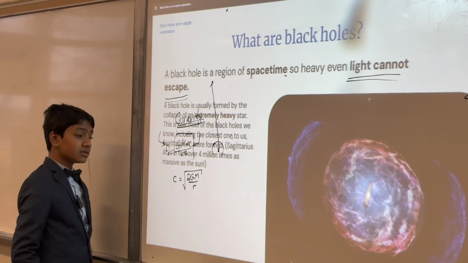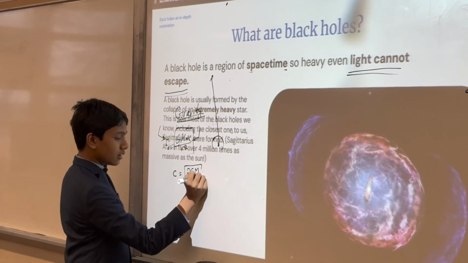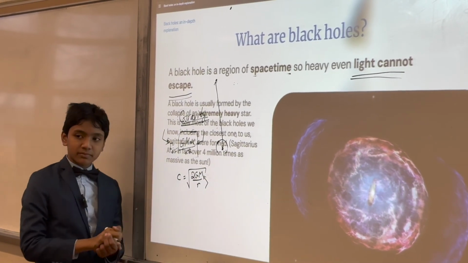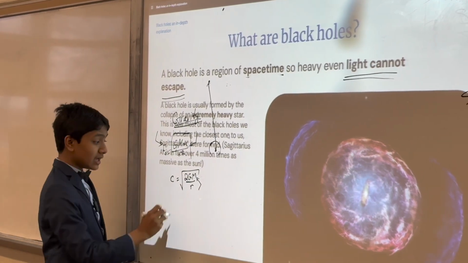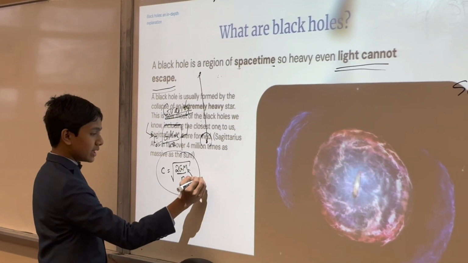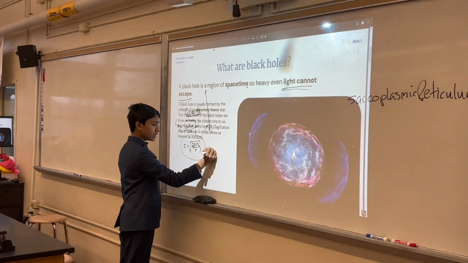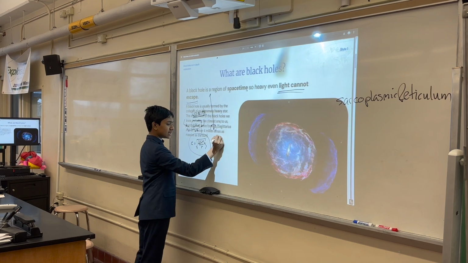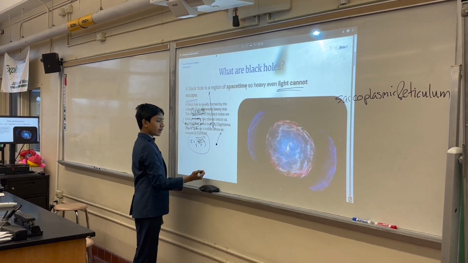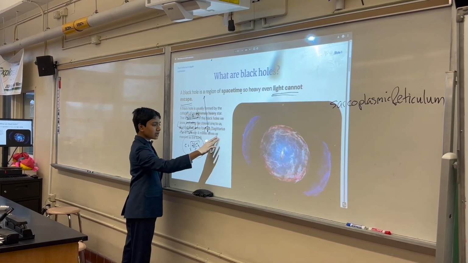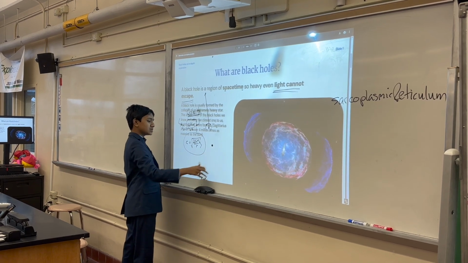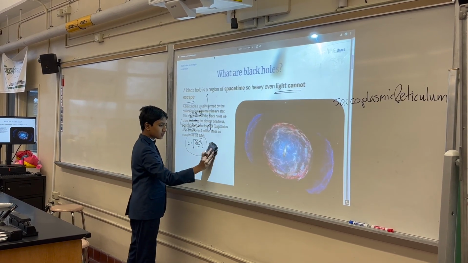So this will give us the radius that you need to compress something to for a given mass in order to make it into a black hole. Or in other words, the radius that you need to compress something into in order to increase its escape velocity to something greater than the speed of light, and thus make it impossible for anything to escape its pull at the end of the day.